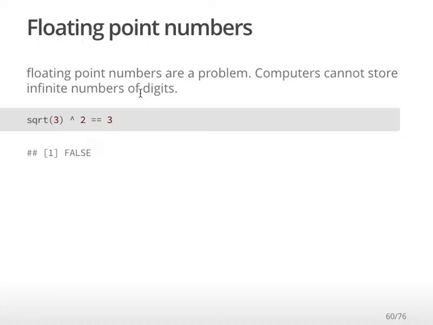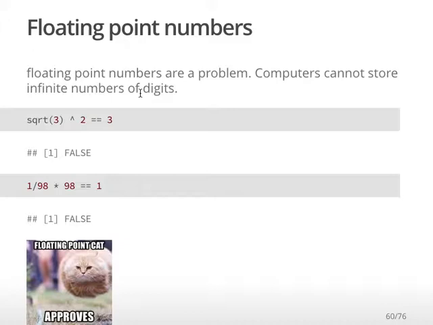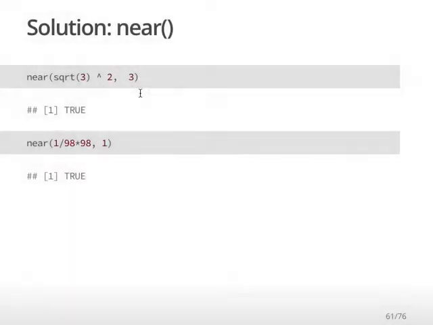That's weird, because if we understand basic maths, it should be the same thing. The issue here is rounding. The same if we divide 1 by 98 and times it by 98, basic maths says it's the same thing, but it's not, because the computer cannot store all the decimals. There's a limit to it. So that's a floating point number.